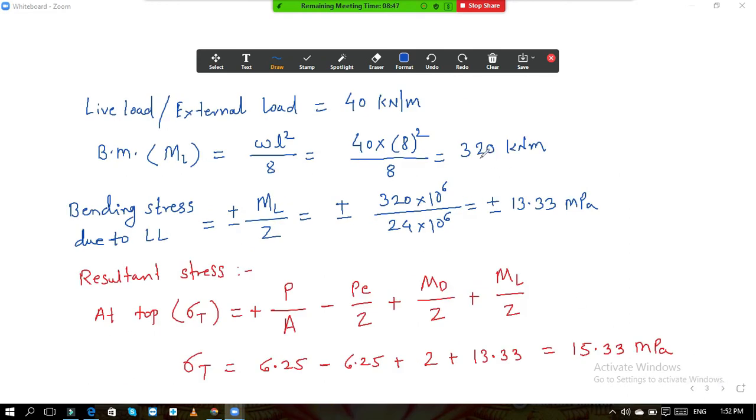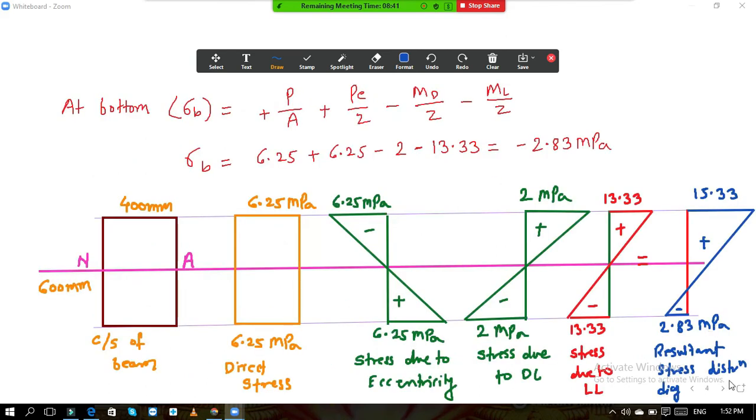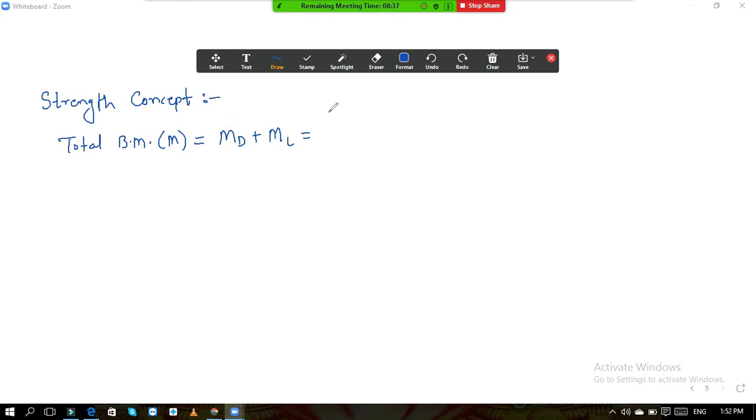It is 320. So 48 plus 320, there is no need to calculate it again and again. How much is it? 368 kilonewton meter. This is our total moment.